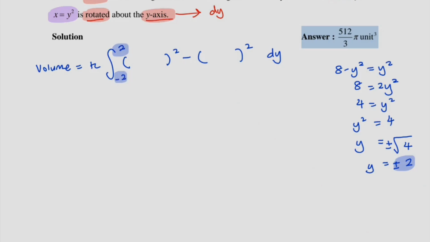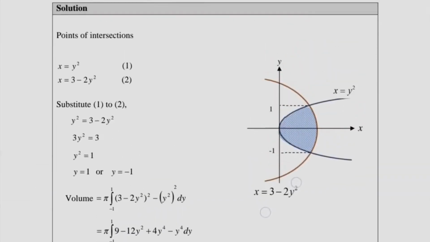Now, without sketching, how do we know which function is to subtract which function? So if we sketch, we know that it's the outer function. We are standing here. It should be the outer function, the function which is highest, which is furthest from us, minus the inner function.